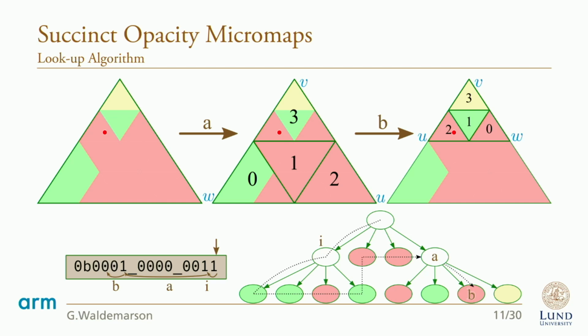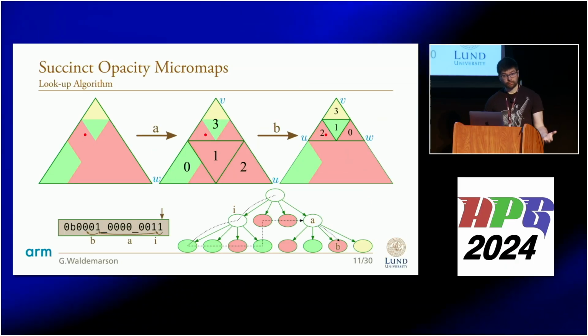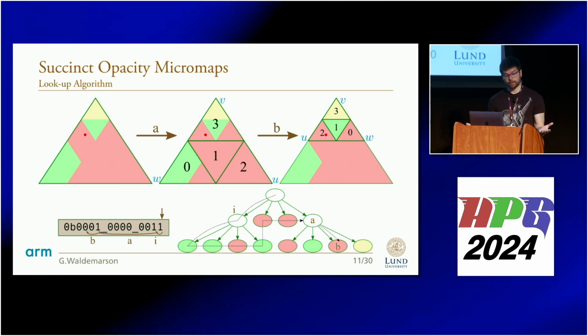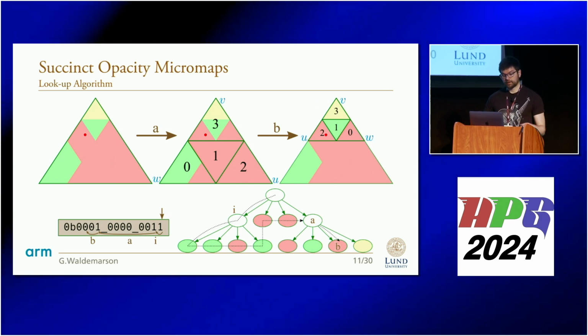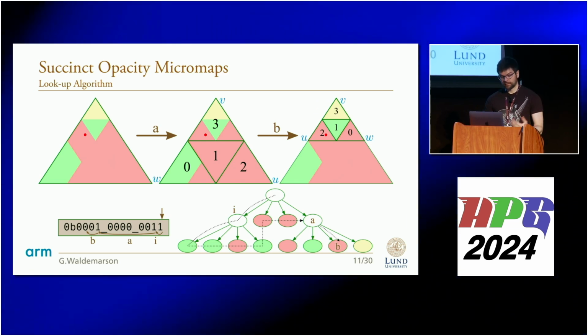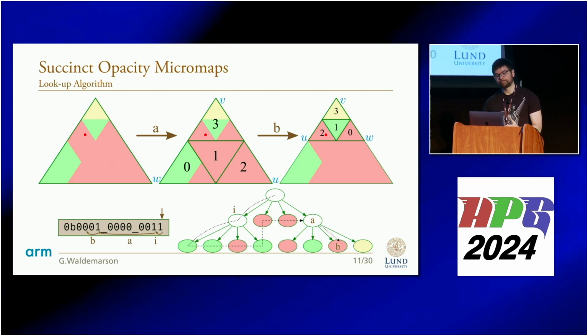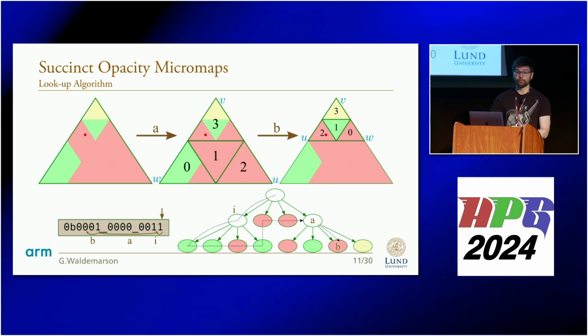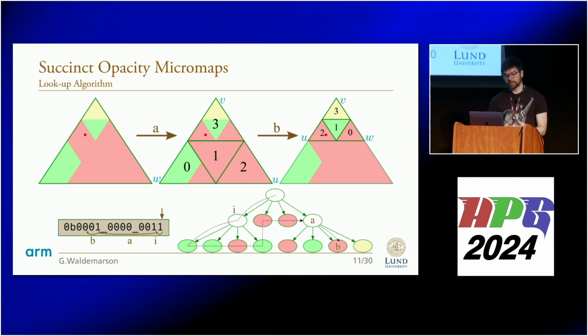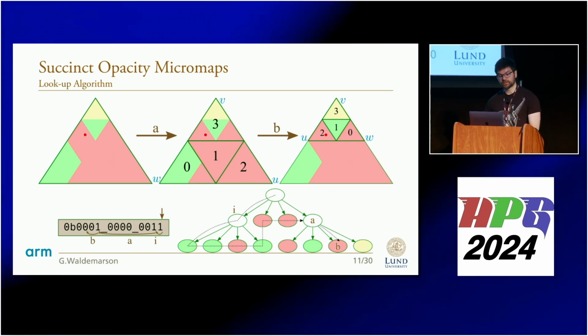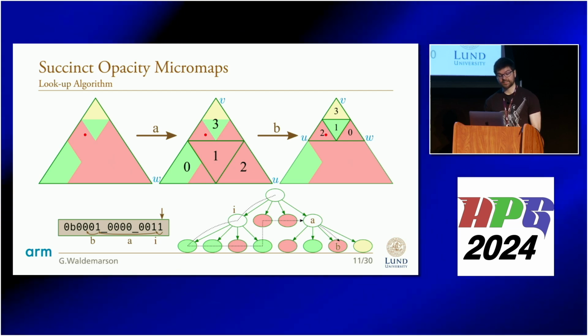If the bit value in that tree string is 1, we need to repeat the above procedure, effectively going deeper down into the tree. And if the value is 0, we are done. The number of leaf nodes that we have passed until this point, that is, the number of zeros we passed through, is the index into the trailing bit string where we will find our opacity value.